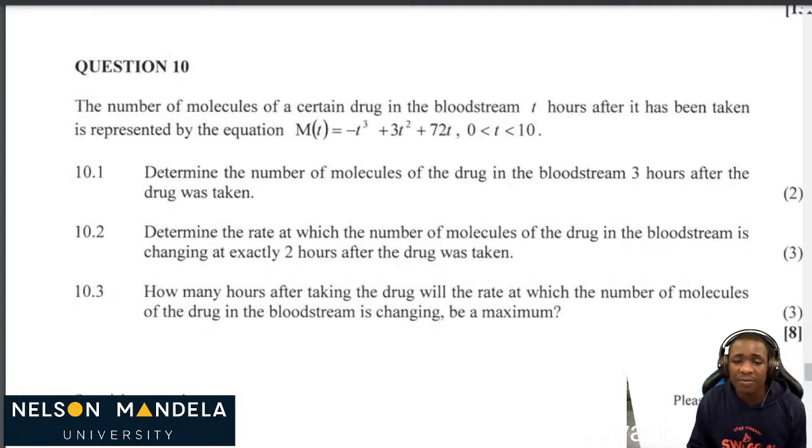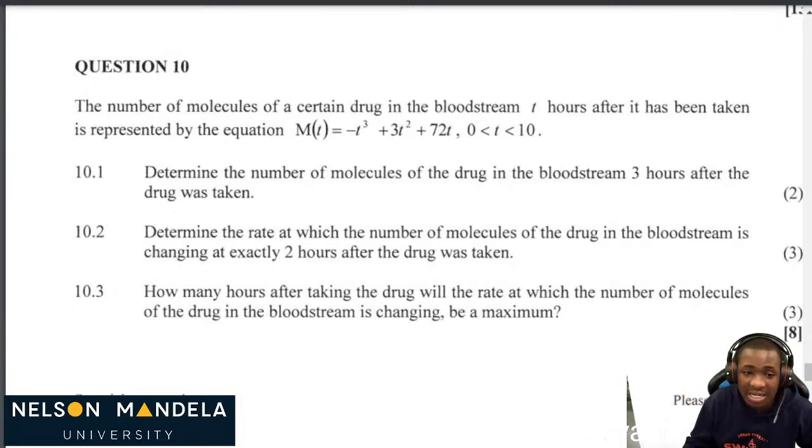The number of molecules of a certain drug in the bloodstream t hours after it has been taken is represented by the equation m of t equals negative t cubed plus 3t squared plus 72t, given the interval 0 to 10. Determine the number of molecules of the drug in the bloodstream 3 hours after the drug was taken. This is easy.